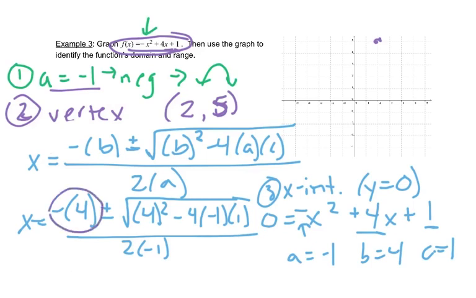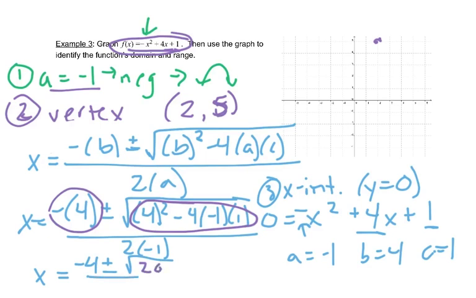We'll do some simplifying. We'll put this together first. So that tells me that's negative 4 plus or minus the square root, and we'll do this in our calculators all at once. And that gives us 20. And on the bottom then, we'll do 2 times negative 1 is negative 2. Now remember that this is really two problems.